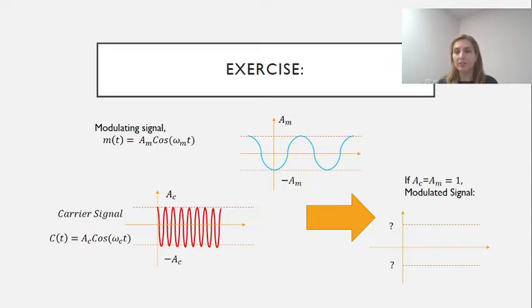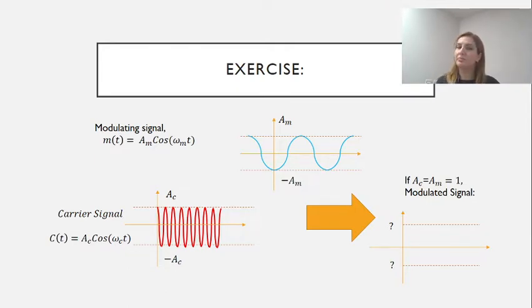And the carrier signal is something like c(t), a typical cosine wave. Ac would be the amplitude, so it's oscillating between Ac and minus Ac, and the frequency is omega c. So how does that modulated signal look? Can you draw that? That is the exercise.